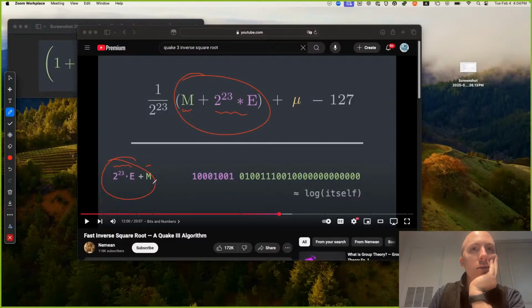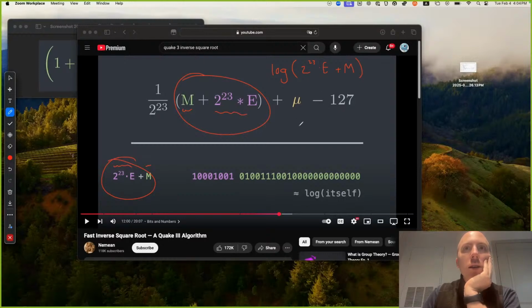So this is what we have. So basically log of this. Wait, we actually started with the number itself. We didn't do log of 2 to the 23 times E plus M. We did log of this thing over here.